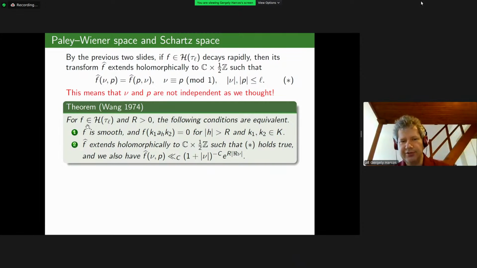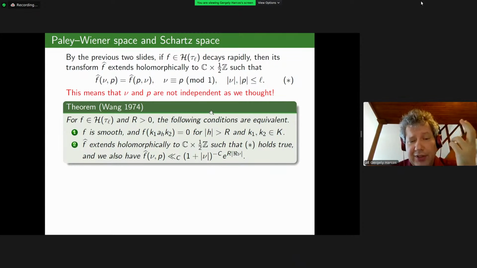This is an analog of the Paley-Wiener theorem, and it says that in this HTL space, f is smooth and compactly supported if and only if this transform not only extends holomorphically and satisfies these symmetries, but also has rapid decay in vertical strips. And then there is a very precise upper bound, which depends on the support of the function.